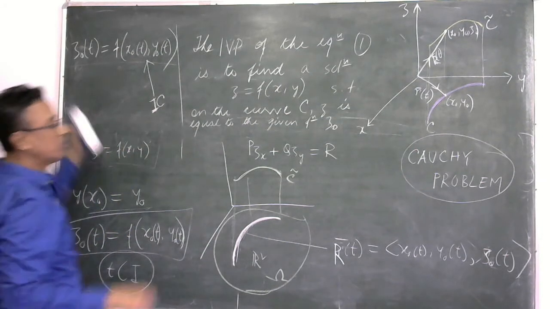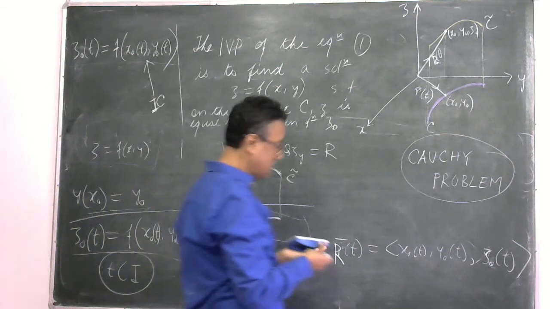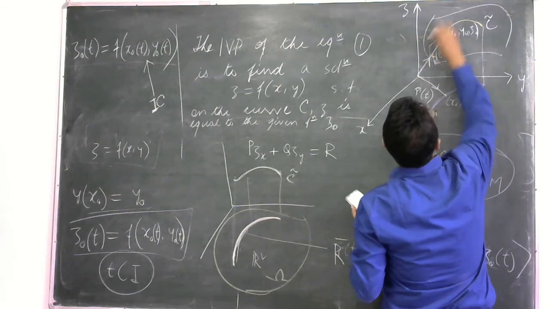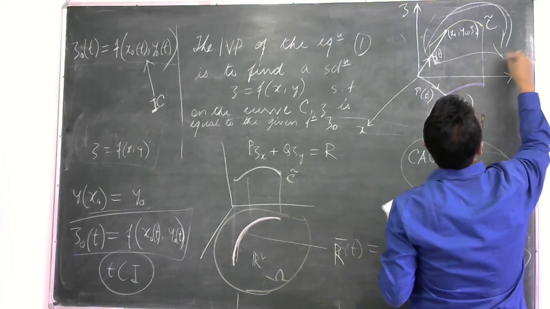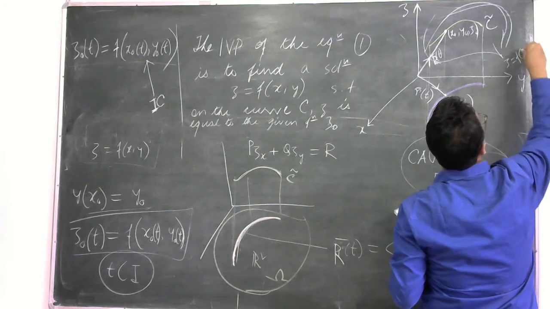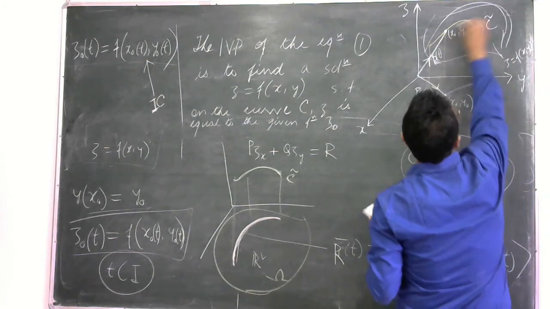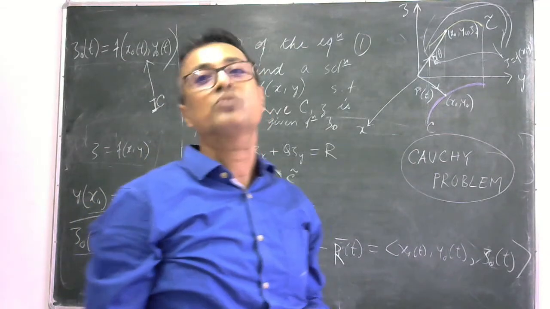So basically, the solution surface should be such that this initial curve is going to lie on that solution surface.